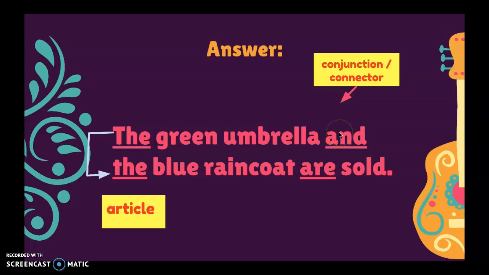So, connector "and" because they have the same ideas. But one major change here is the word "are", the helping verb. Instead of using "is", we change it into "are" because there are already two items or two objects that are sold. Okay? So please bear that in mind.